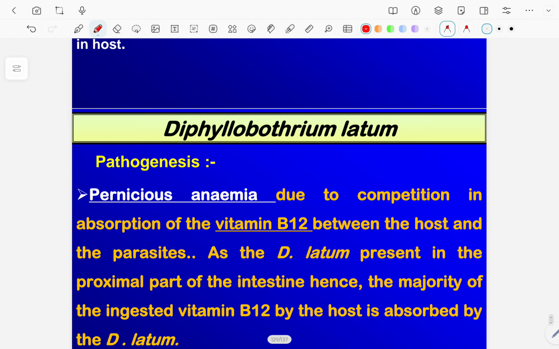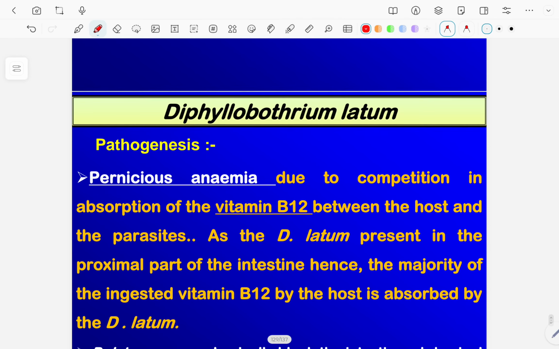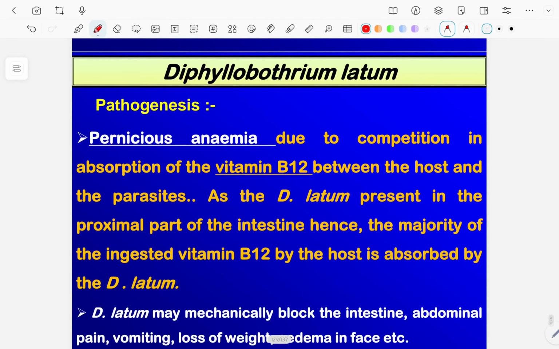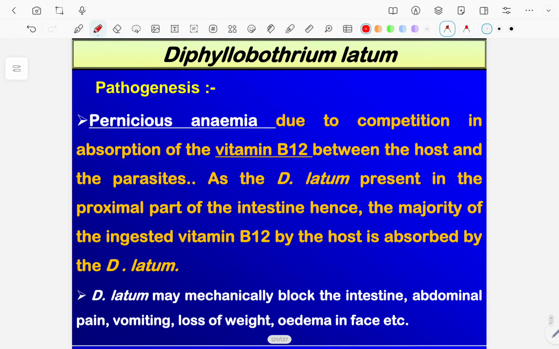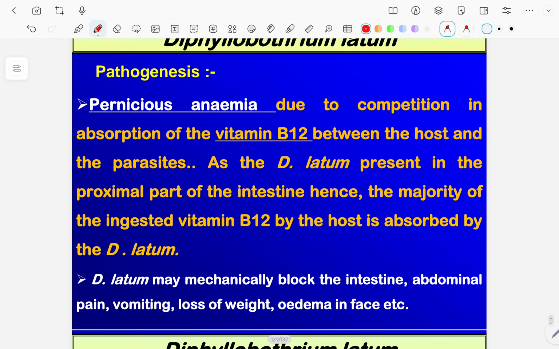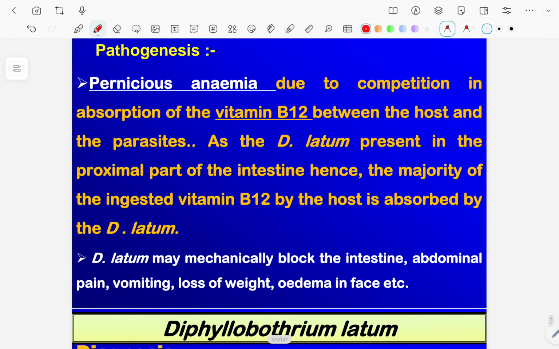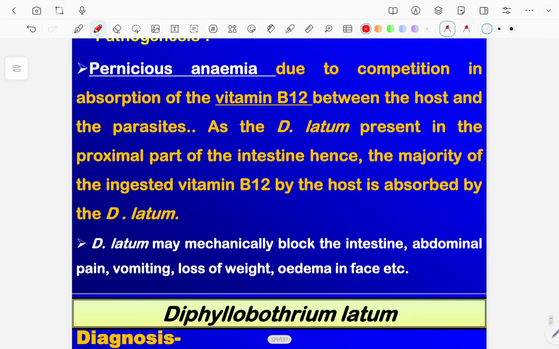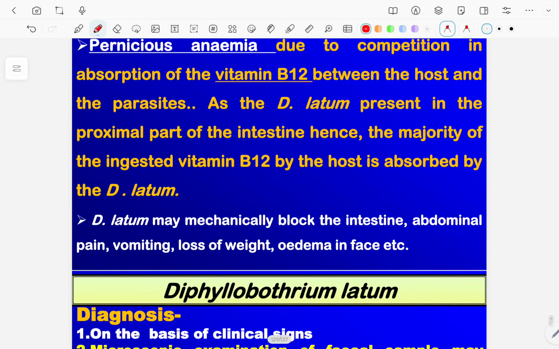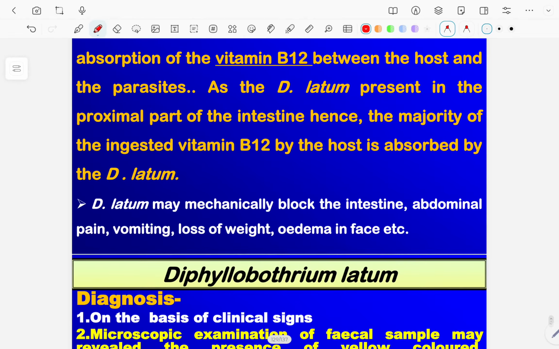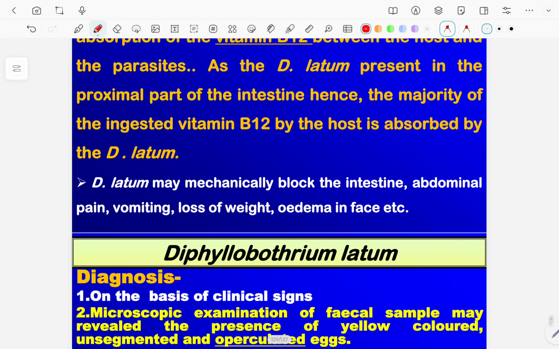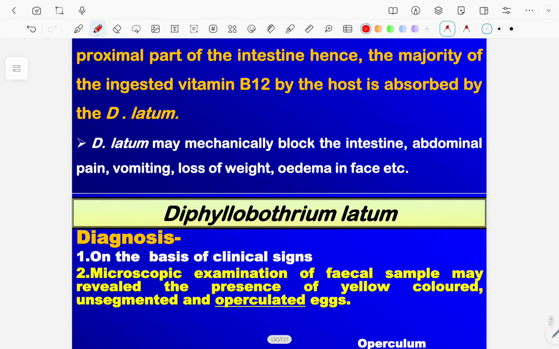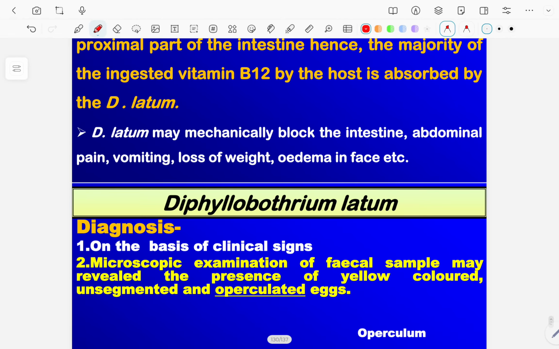Pernicious anemia is due to competition in absorption of vitamin B12 between the host and the parasite, as D. latum is present in the proximal part of the intestine. Hence, the majority of the ingested vitamin B12 is absorbed by D. latum. It may mechanically block the intestine, causing abdominal pain, vomiting, loss of weight, edema, etc.